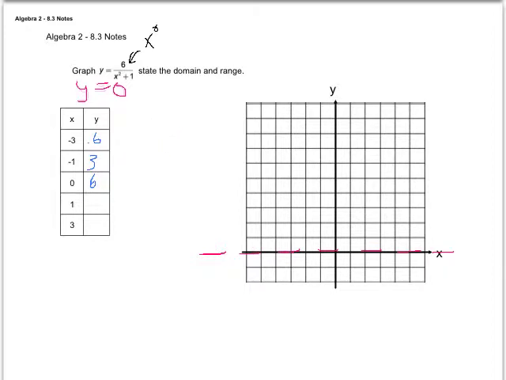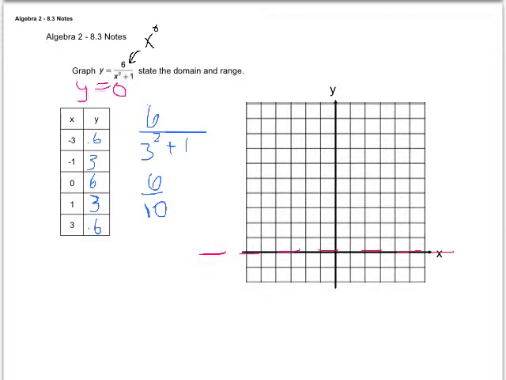And then the next guy, 6 over 1 squared plus 1, which is going to be 6 over 2, which is 3. And then the last guy, which is going to be 6 over 3 squared plus 1, which is going to be 6 over 10, or 0.6. So here's how our points are going to shape up.